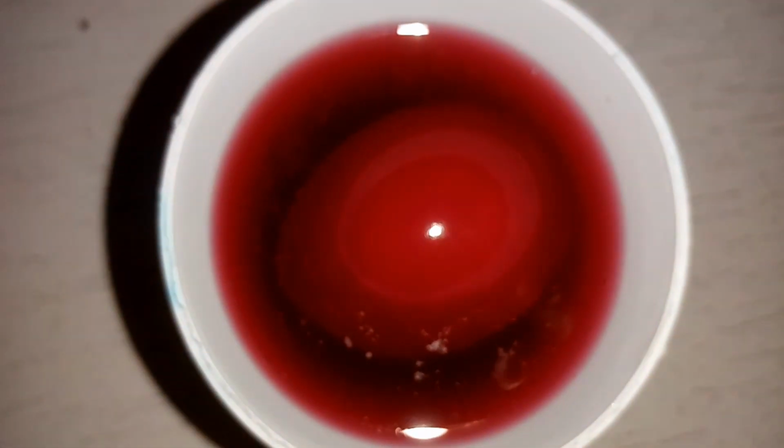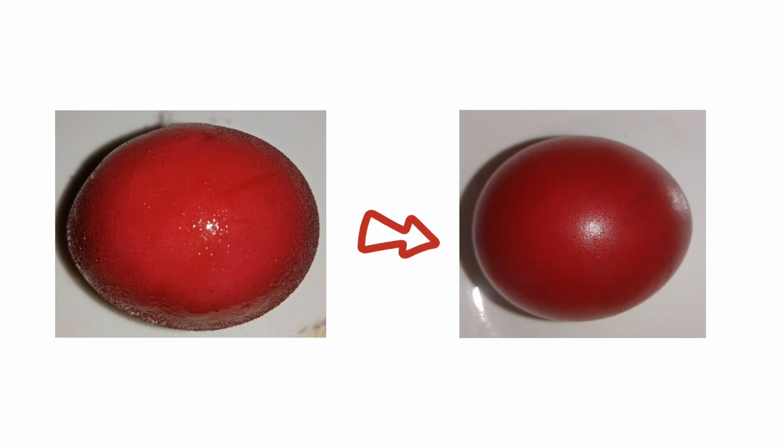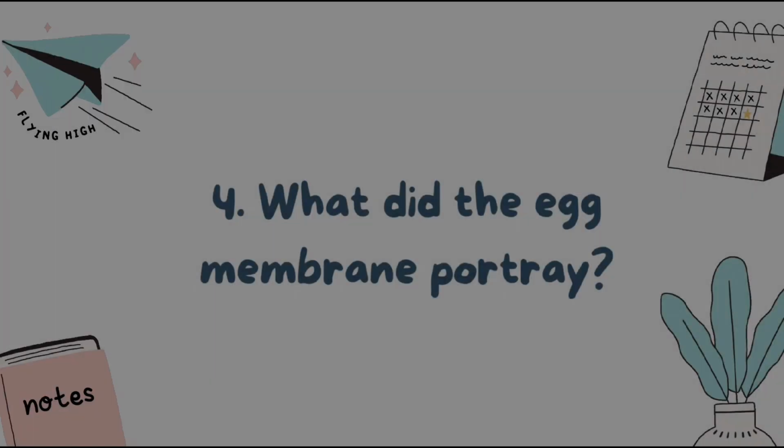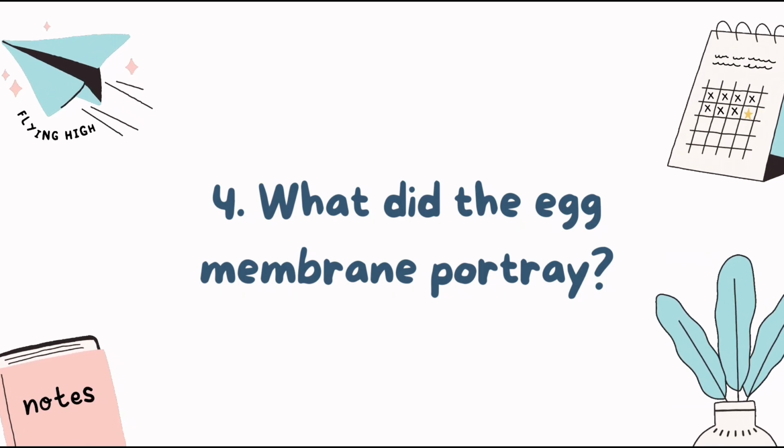However, after the egg submerged in corn syrup is transferred to the water with food coloring, it shows a larger size than it used to be. It is because the egg membrane is semi-permeable, which allows some things to pass through it and doesn't allow others to pass. Question number 4. What did the egg membrane portray?